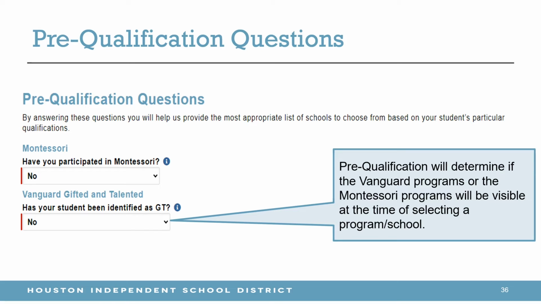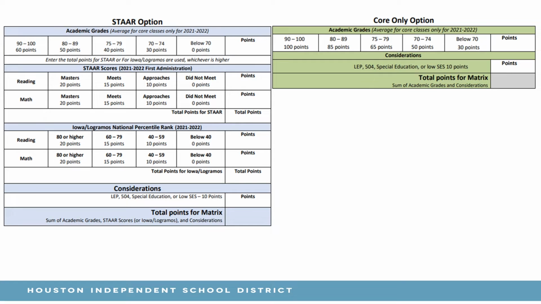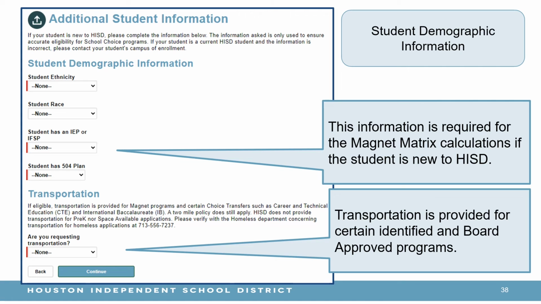Please note, the student must still qualify for either program. The matrix calculator is used to determine the academic matrix score for most high school programs and the single gender middle school programs.